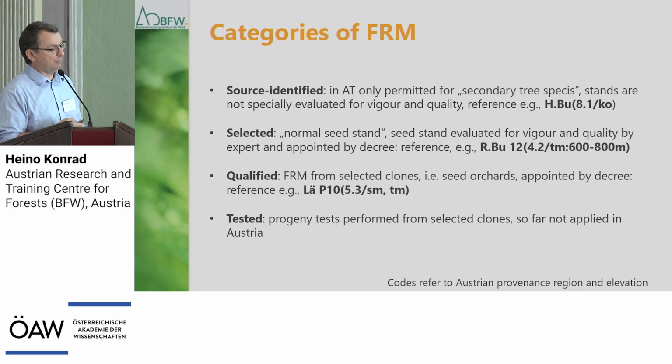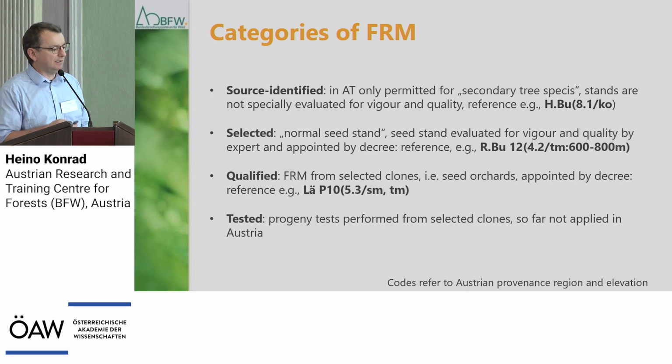So this is reproductive material collected from selected clones. In Austria, these are basically seed orchards, which are also appointed by the CRE. And this you can see in the reference for the harvest operation when there's a P, means plantage. So then it was from a seed orchard.